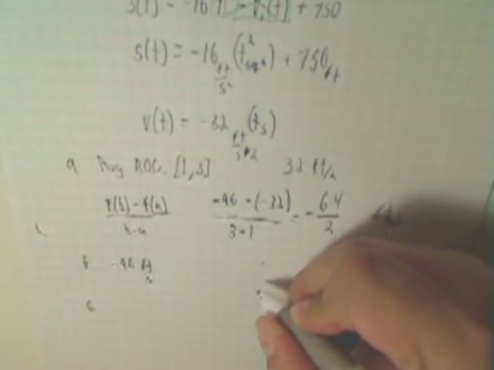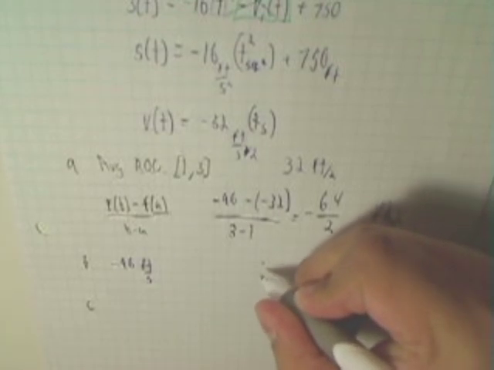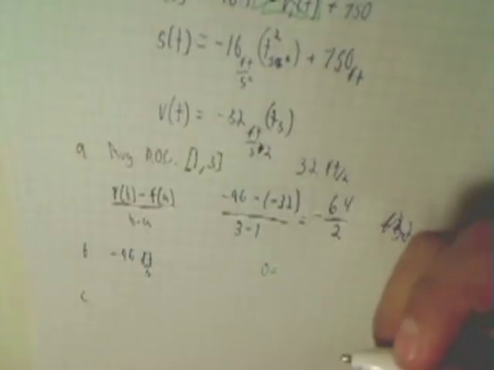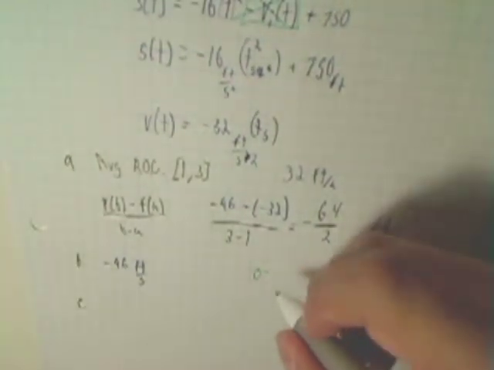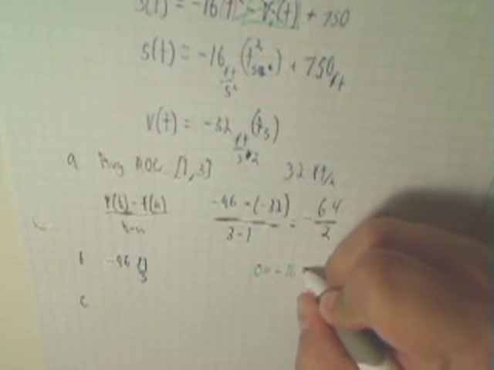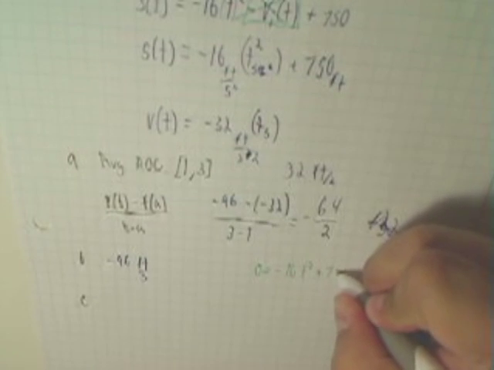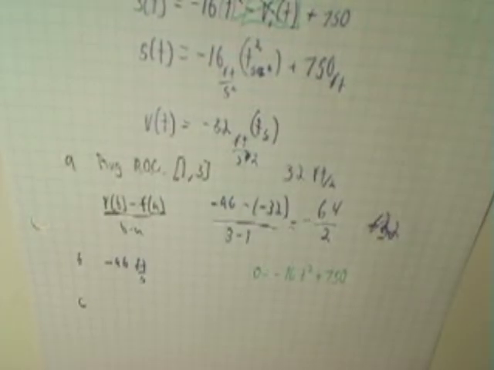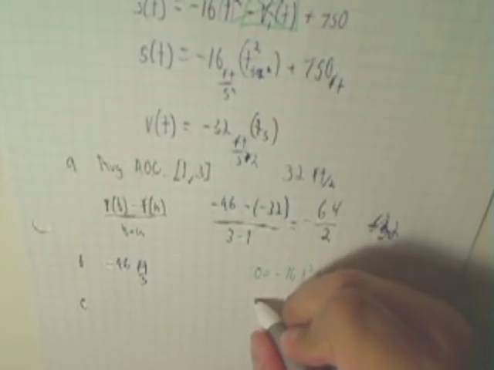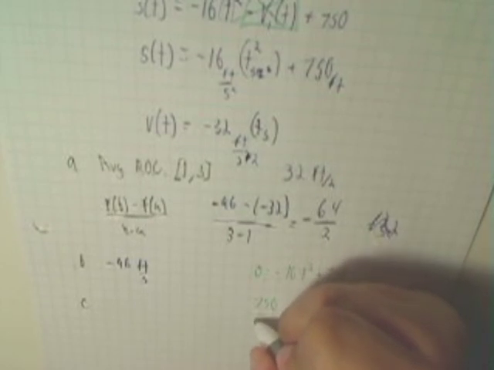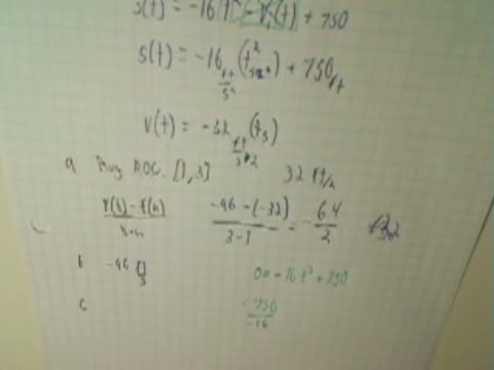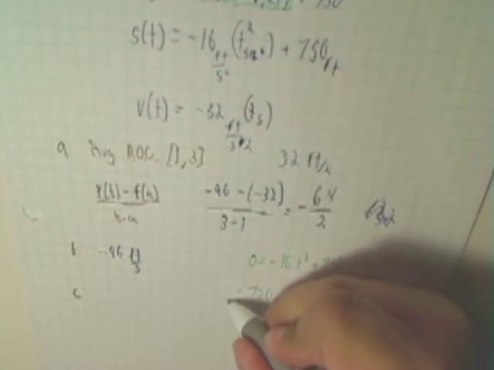So, 0 equals negative 16 t squared plus 750. Subtract 750, divide by negative 16, and take the square root of that.